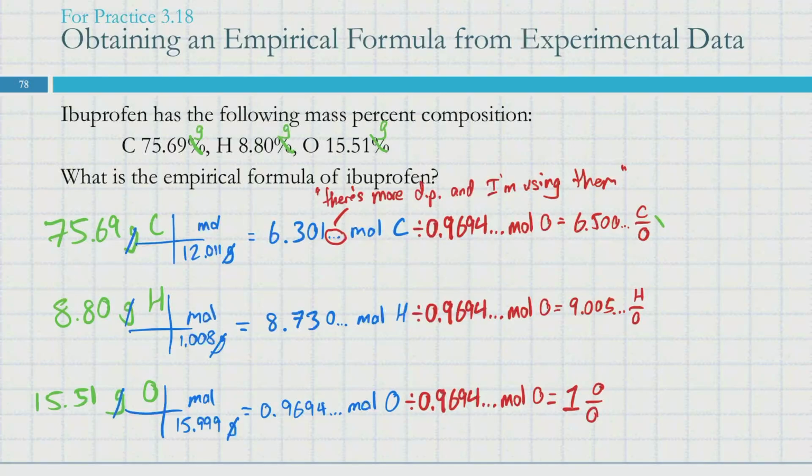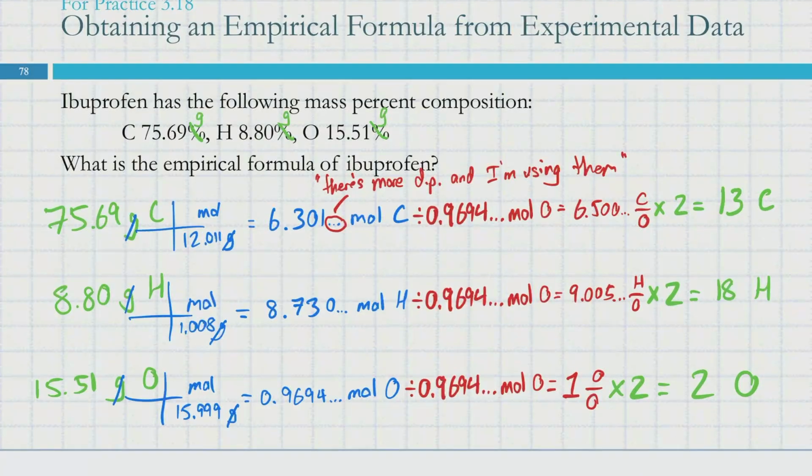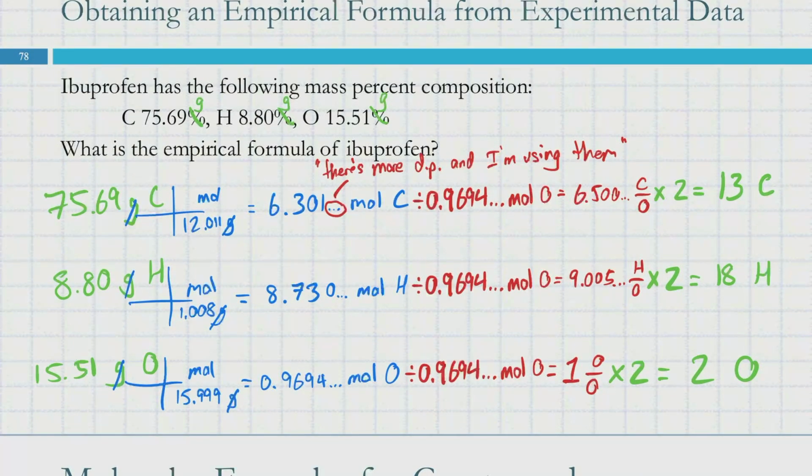So we have to get these all to whole numbers. We have to multiply all of them because it's a ratio. So this ends up being 13 carbons, 18 hydrogens, and 2 oxygens. And so those become our subscripts. So our chemical formula is C13H18O2.